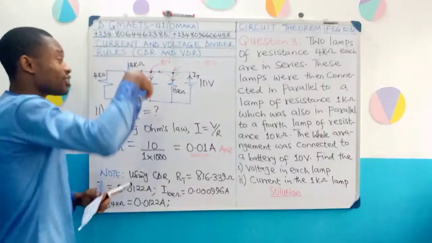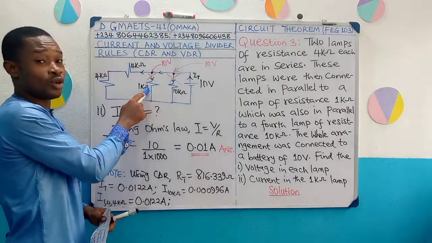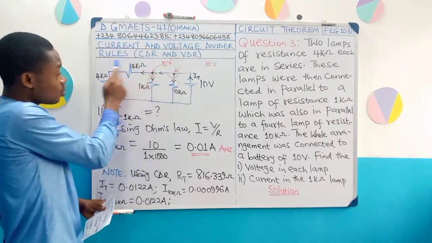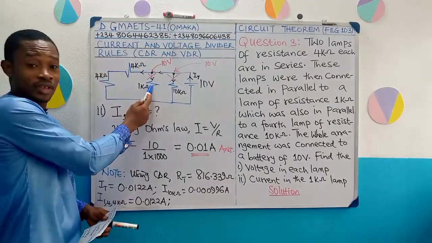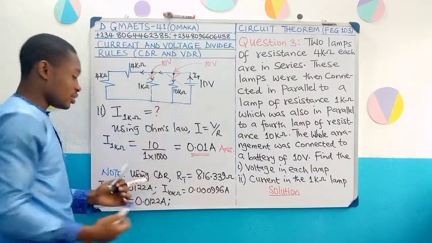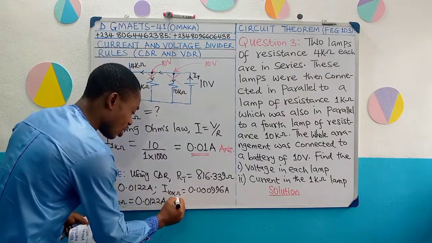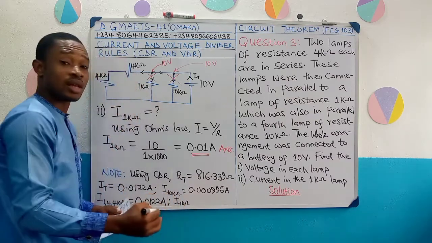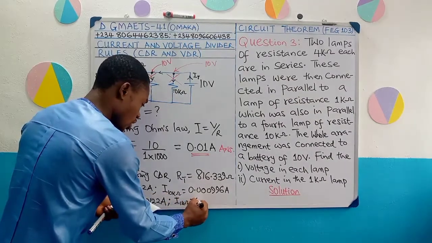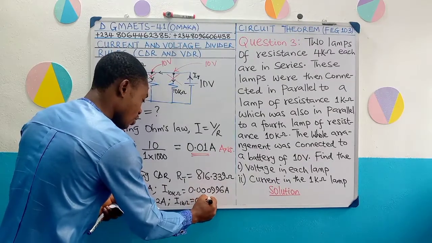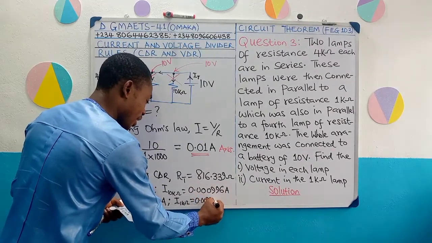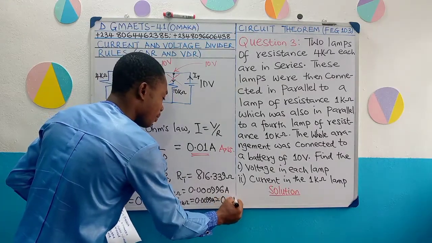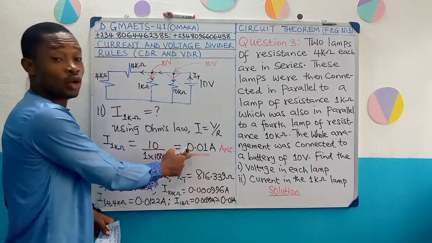And when I did that, to get the current entering this 1 kilo ohms, of course, you need to get the total of this one, since these two resistors are sharing the current between these, okay? So when I worked on that using CDR, I got a current that is flowing through the 1 kilo ohm resistance lamp to be equal to 0.0099 ampere, which approximated to 0.01 ampere, exactly like what I obtained here.